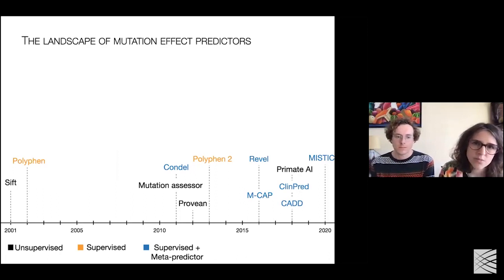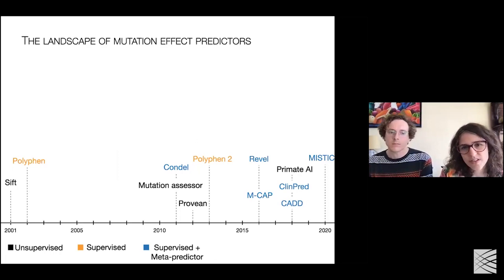So these mutation effect predictors were pioneered by SIFT and Polyphen, which continue to be some of the most used tools by clinicians and researchers, etc. Unfortunately, they are regarded as not being sufficiently accurate to use as a strong source of evidence in some classification scheme like the ACMG one.